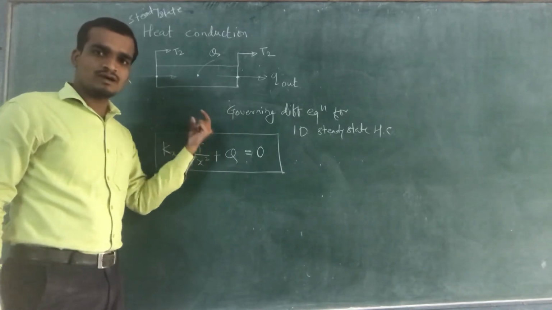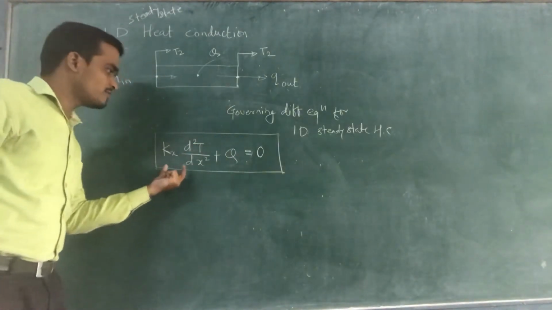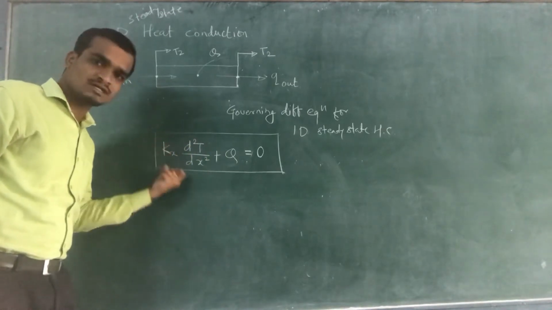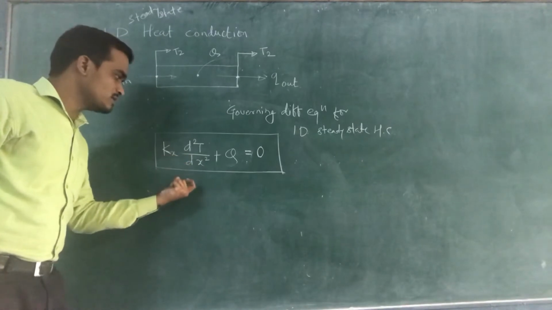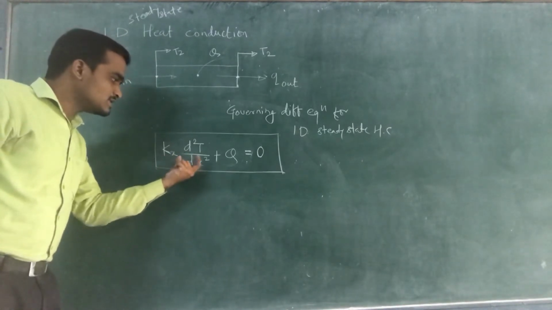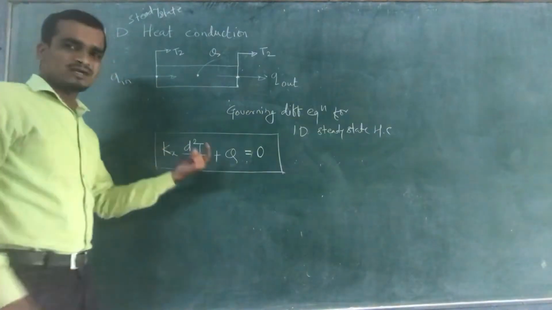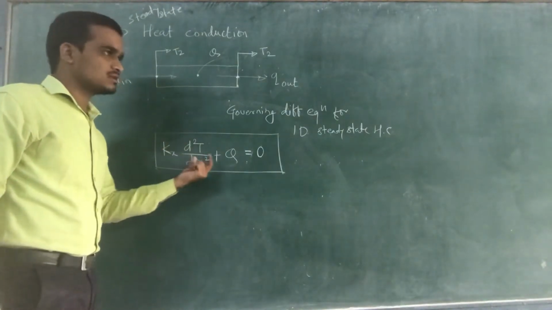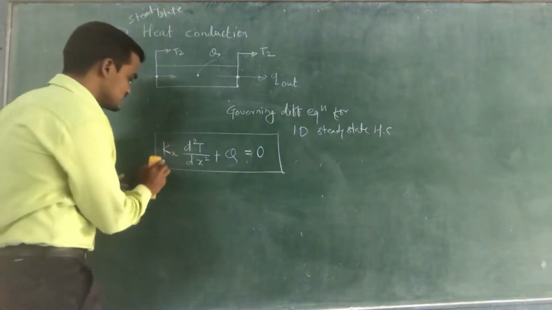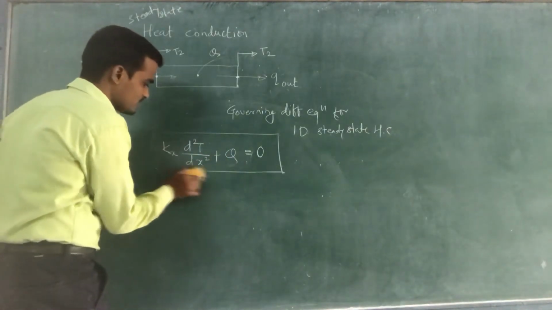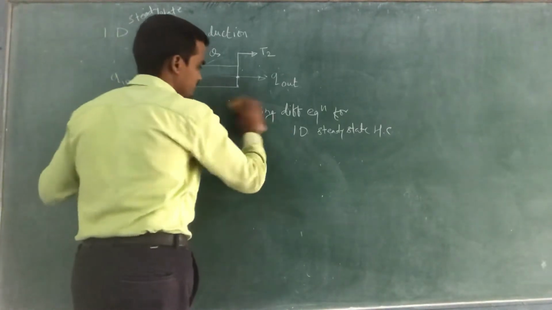We can derive this equation also, but because of the time limit we are taking this equation directly. We don't need this derivation, because it is not going to be asked in your exam. So this is your governing differential equation for one-dimensional steady state heat conduction problem.